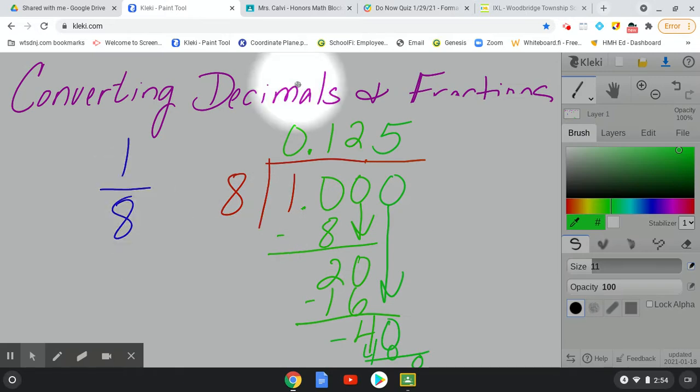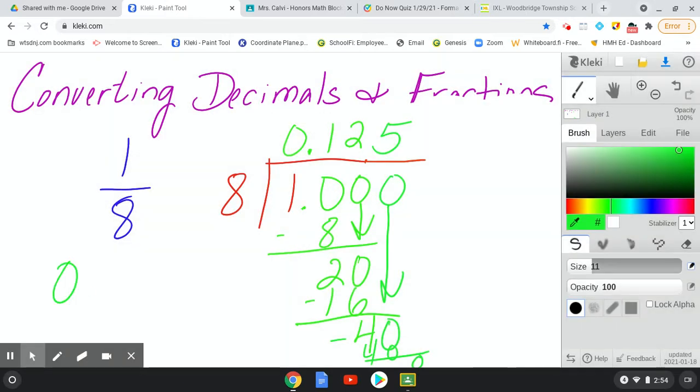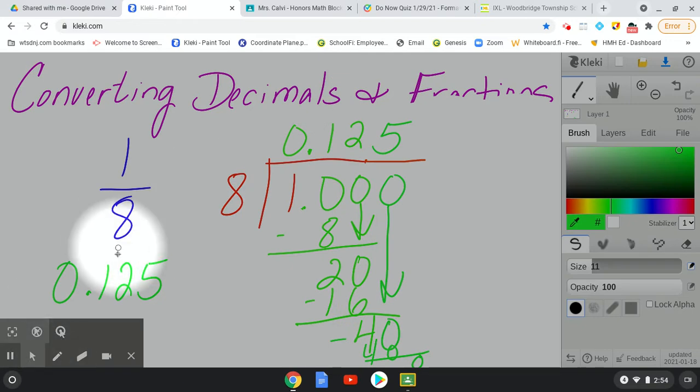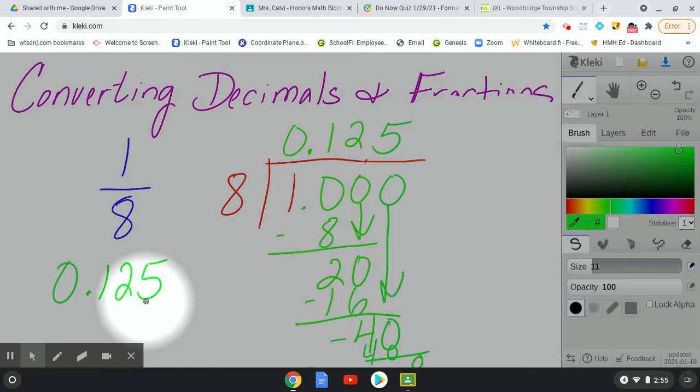So 1/8 is equivalent to 0.125, or if we were saying that properly, 1/8 is equivalent to 125 thousandths.